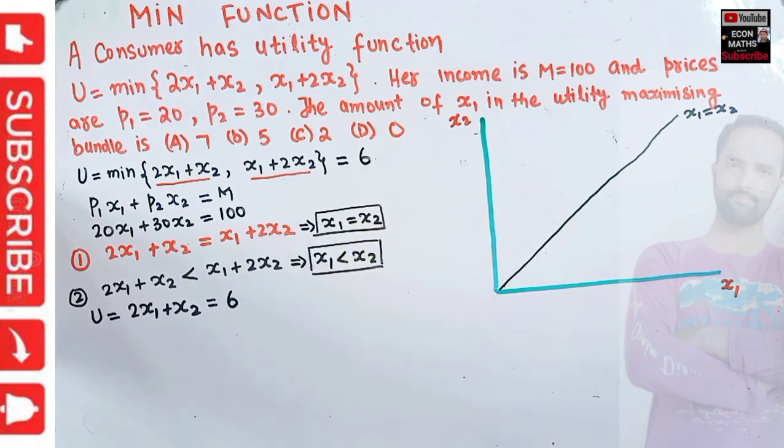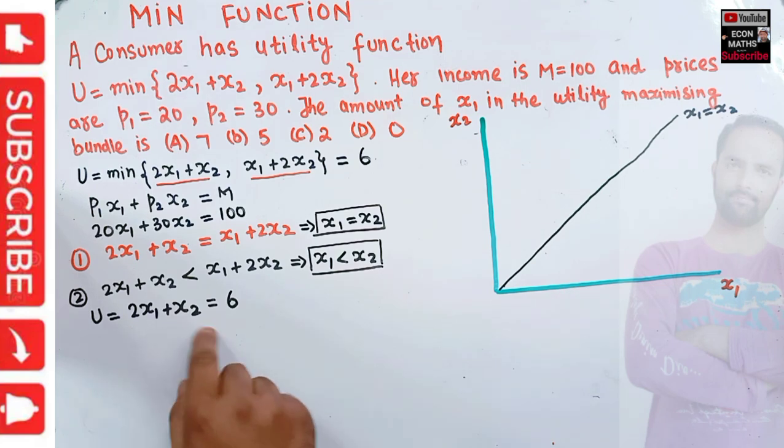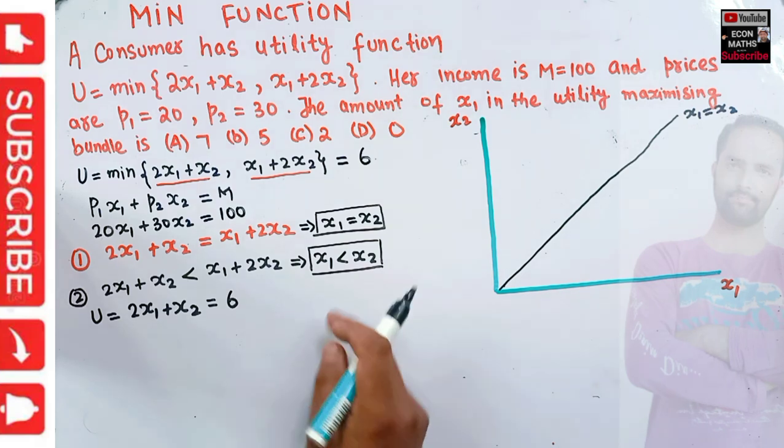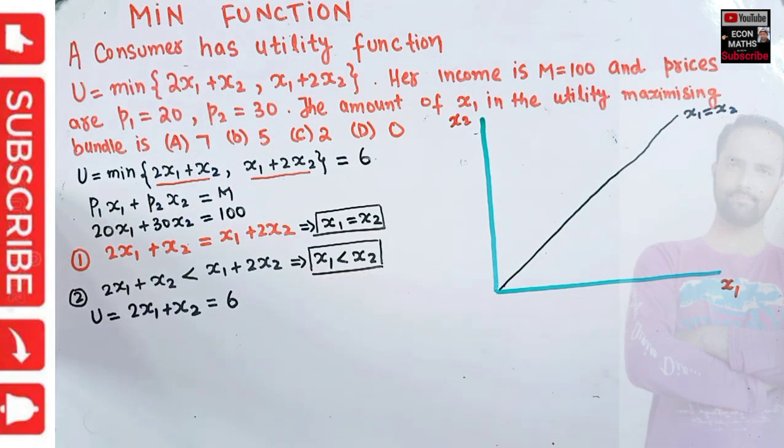We have two conditions here. First we draw the indifference curve 2x1 plus x2 at a utility level of 6, and also we should satisfy the condition that x1 should be less than x2.